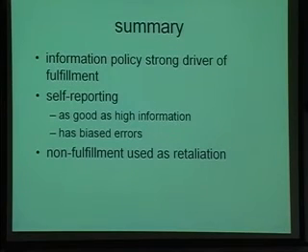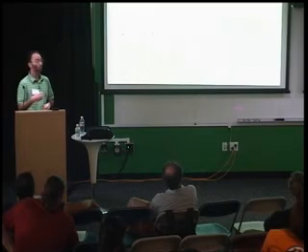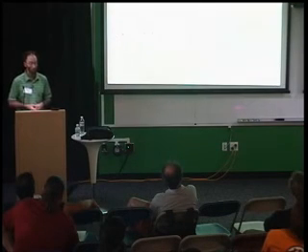We can compare different information policies and get some idea of individual behavior. And we do find that information policy is a strong determinant of how well the market works. At least in this context, self-reporting was pretty much as good as high information, although it has some biased errors. And non-fulfillment was occasionally used as retaliation.